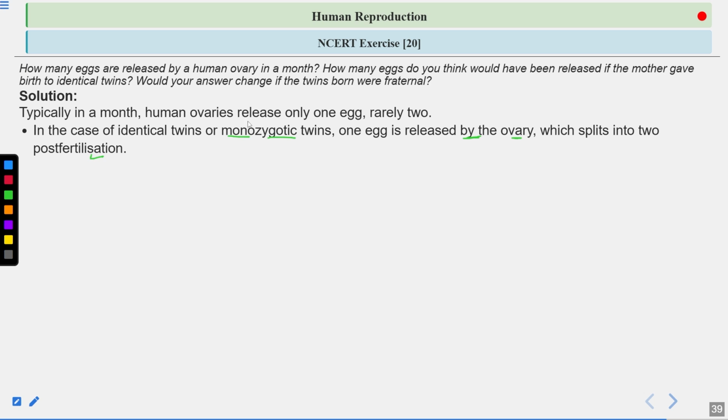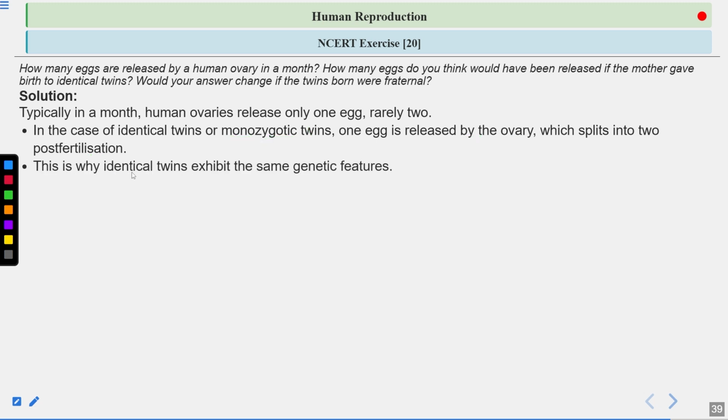So two individuals will be formed, which are known as the twins. They are known as monozygotic twins, meaning they developed from a single zygote. So these will be identical twins. Okay, this is the first condition.